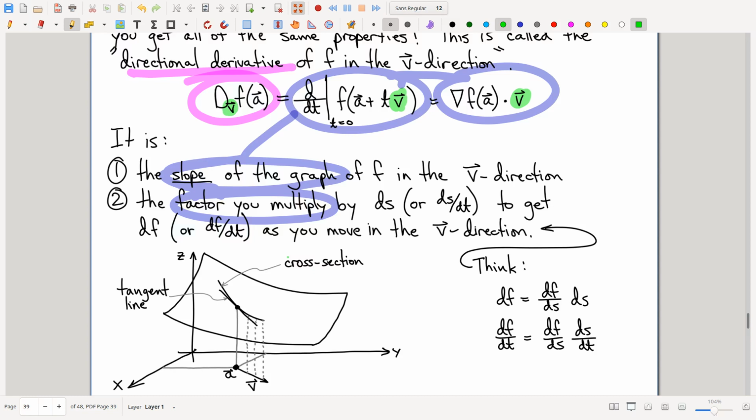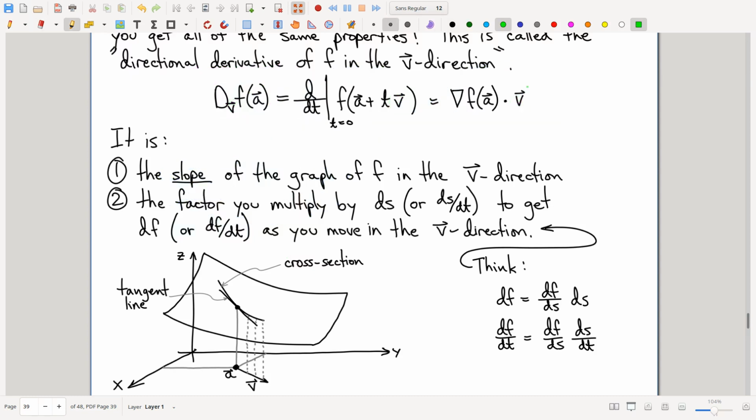Now, I want to talk about the multiplicative factor real quick because there's a nice notation associated with this.